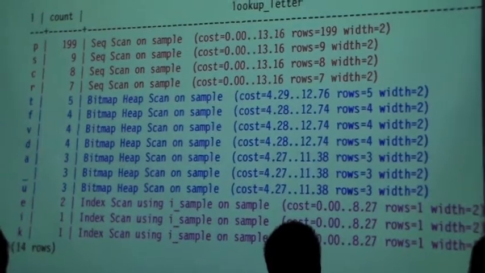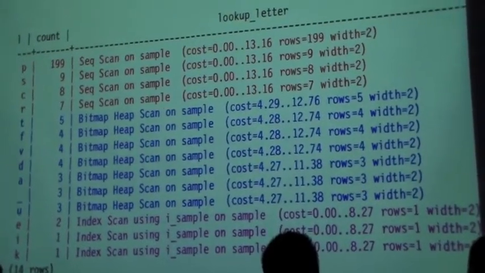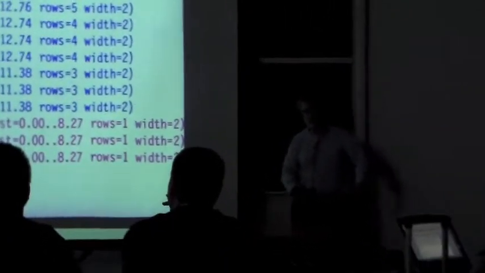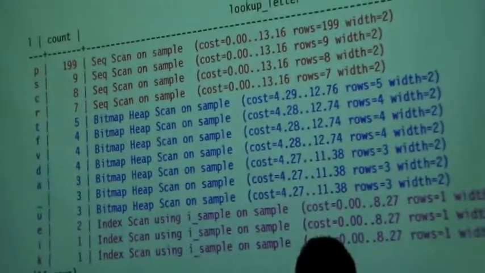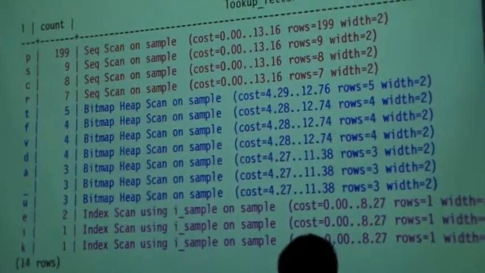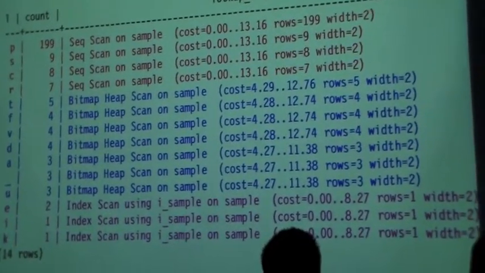But then we realize that the index has a root page and then different sub-pages to get to the thing. And then you realize that you're going to have to randomly hit the heap pages. Now, of course, if you use a bitmap scan, you can kind of do them in order, but you're going to be hopping between. The bottom line is that random I/O is really slow, and sequential I/O is really fast.